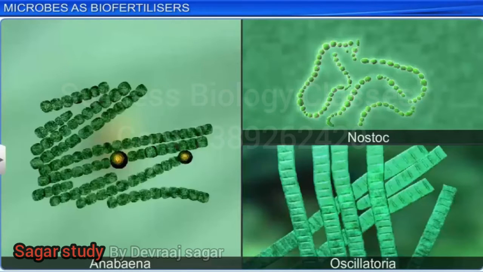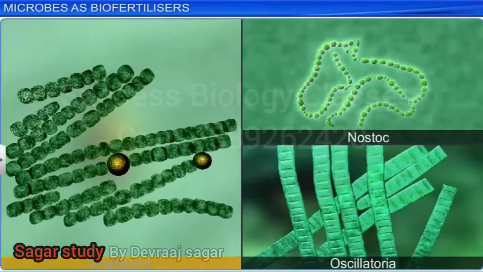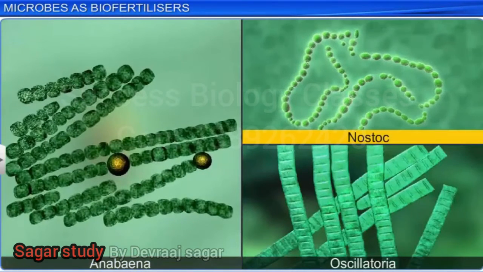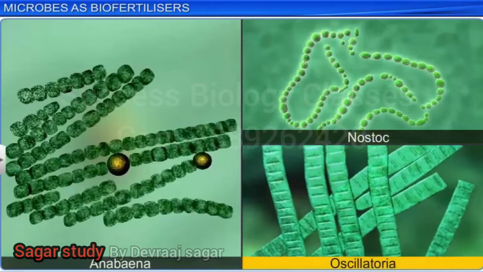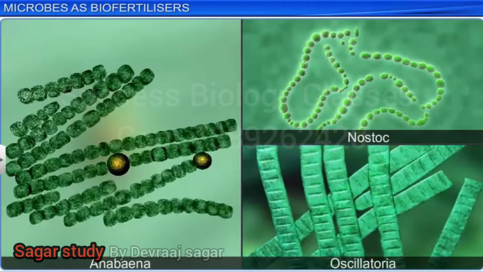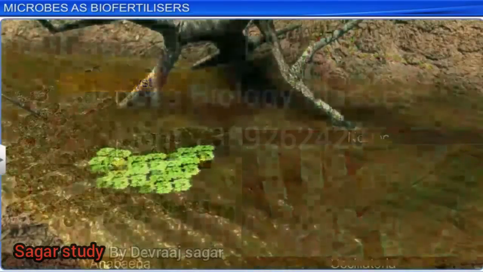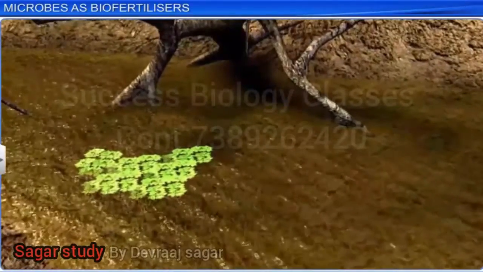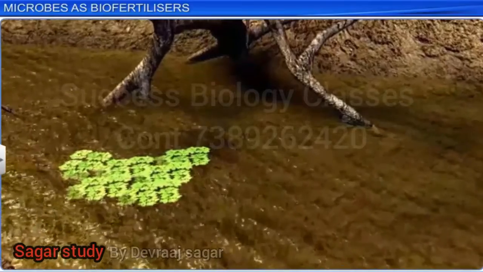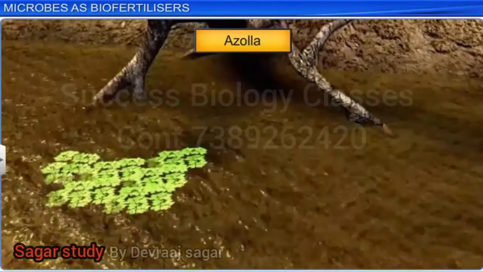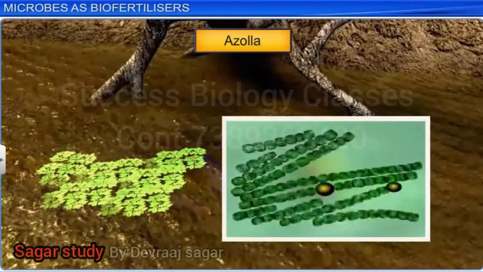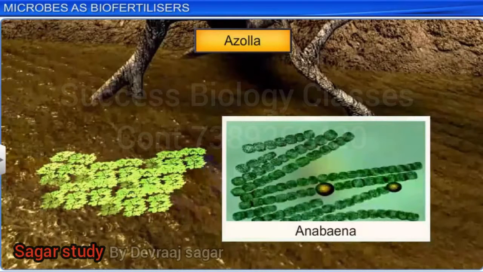Cyanobacteria such as Anabaena, Nostoc, and Oscillatoria are also used as biofertilizers since they are capable of fixing atmospheric nitrogen in special cells called heterocysts. Similarly, a water fern, Azolla, forms a symbiotic association with cyanobacteria Anabaena, which helps the plant fix atmospheric nitrogen.